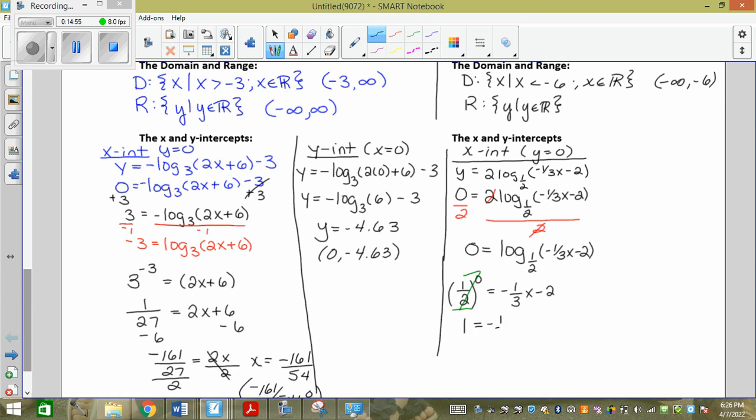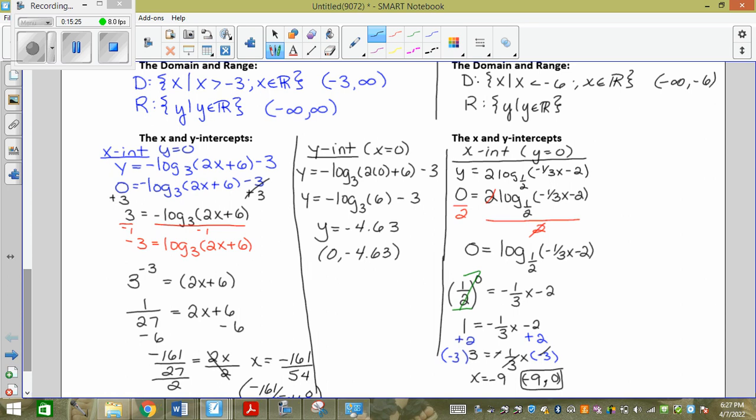So I have 1 equals negative 1/3 x minus 2, and add 2. I'm going to get 3 equals negative 1/3 x. And then I'm going to multiply by negative 3. So x equals negative 9. So negative 9 and 0.